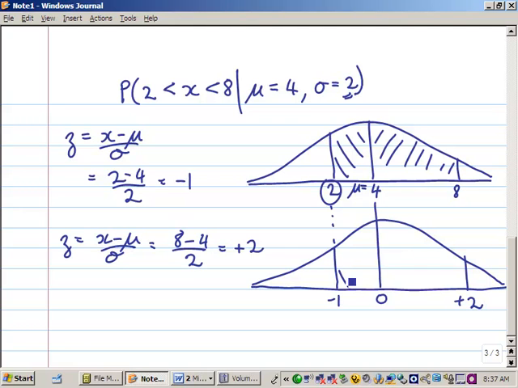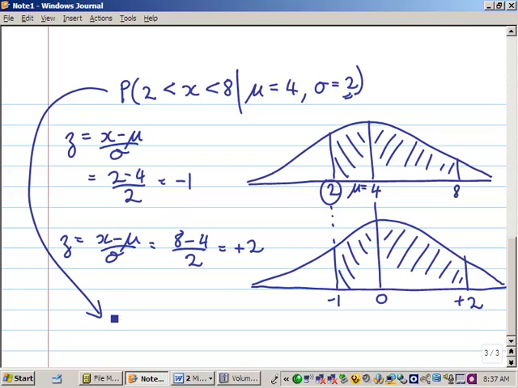So the probability of getting an x on this normal distribution between 2 and 8 is exactly equal to the probability of getting a z between minus 1 and 2. This can be written as the probability of z between minus 1 and 2.